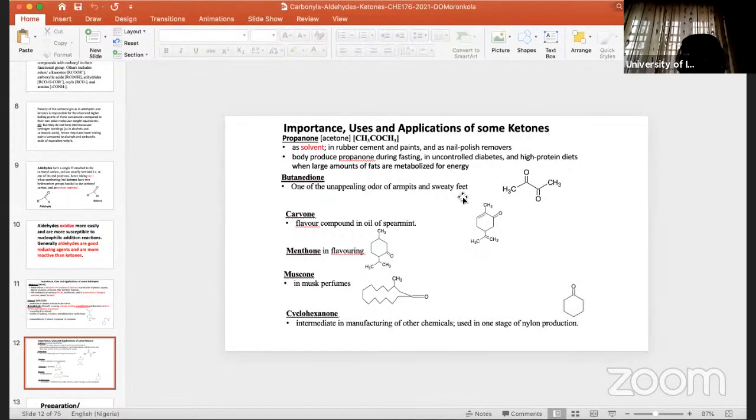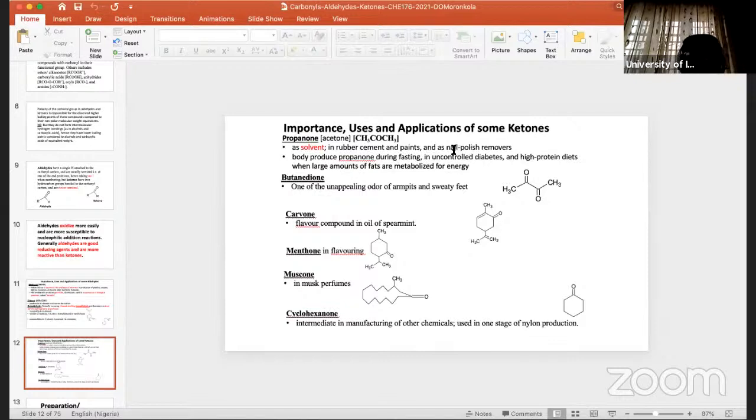Now for the ketones, some examples and their uses. The simplest ketone is propanone, commonly referred to as acetone, though it's trivial but highly acceptable. They are good organic solvents. They are utilized too in rubber cements and paint industries.